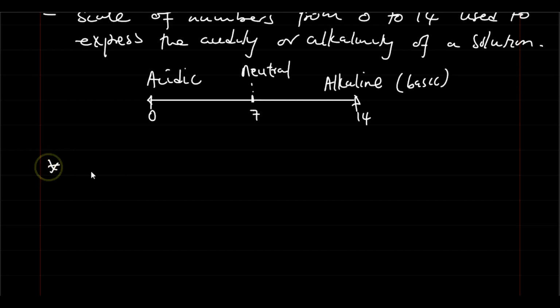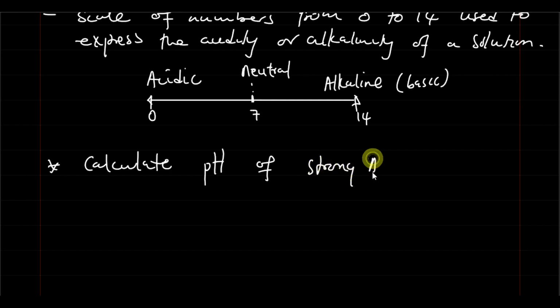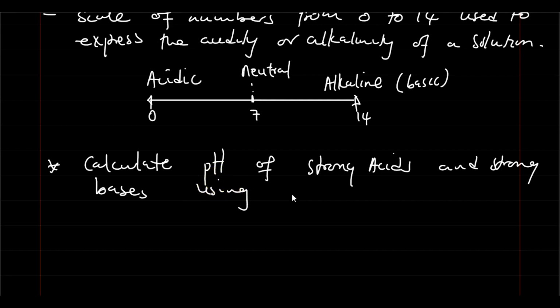Okay, so now here we will calculate pH values of strong acids and strong bases using the formula pH is equal to negative log the concentration of hydronium ion.